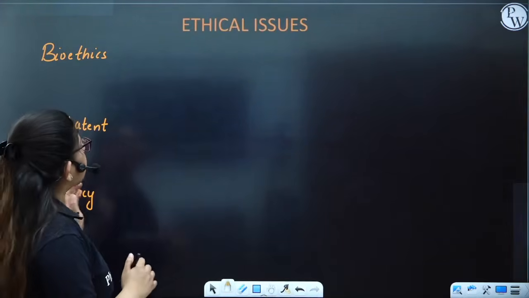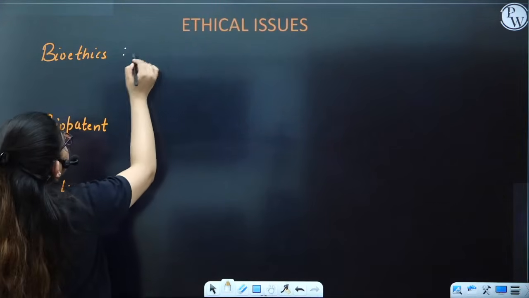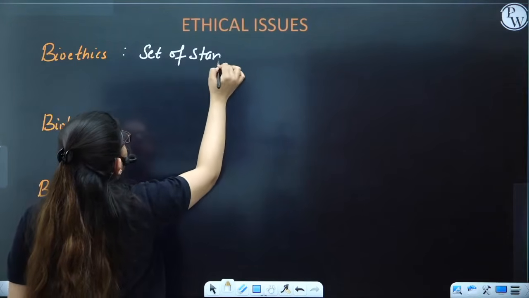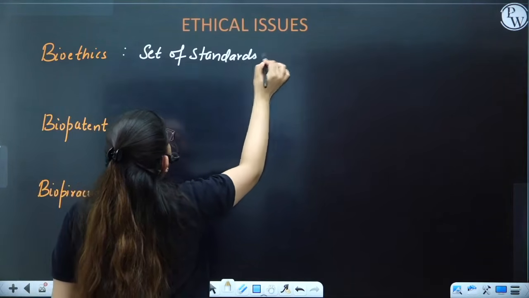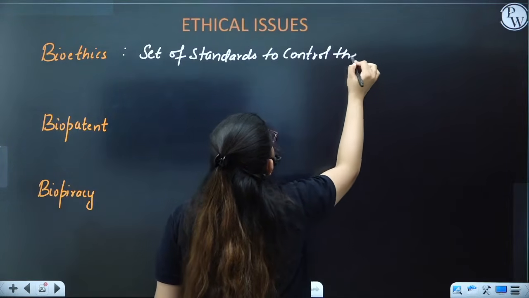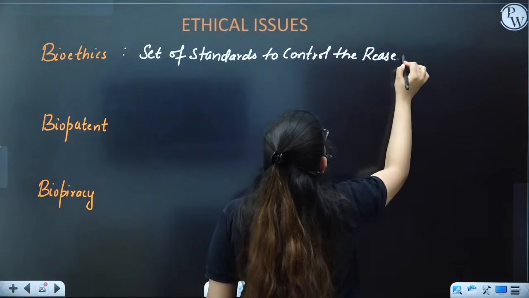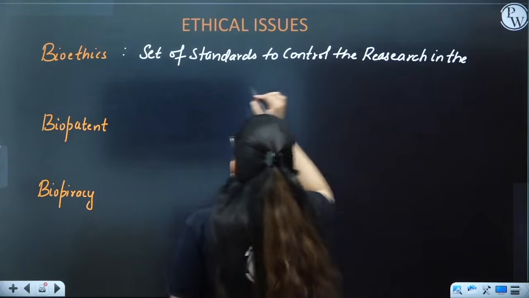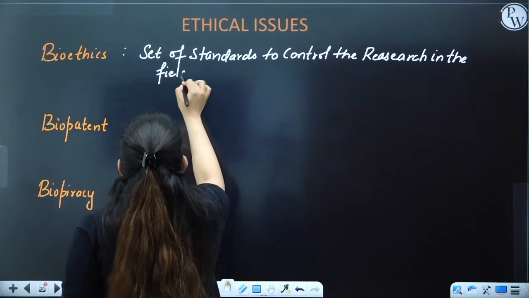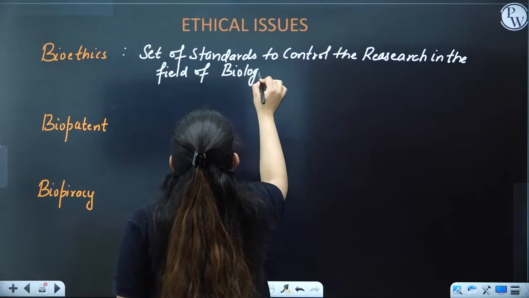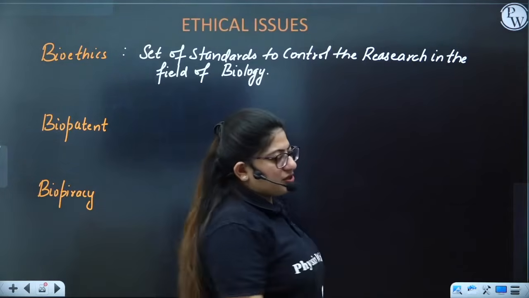So there are certain societies that give the set of standards to control the research in the field of biology. There are certain organizations in every government.